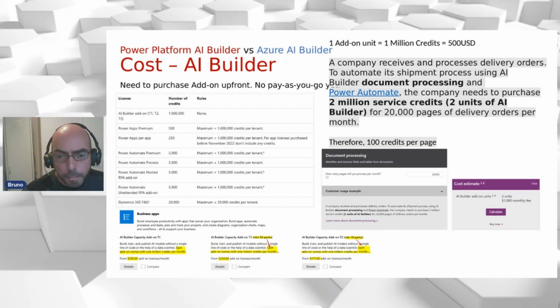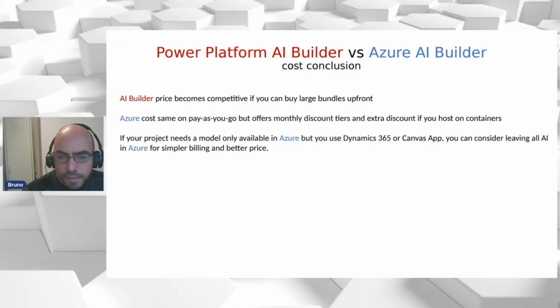So for small projects, maybe still an option, but when you start to get that big. The AI Builder price becomes competitive if you can buy large bundles up front. Azure costs the same on pay-as-you-go, but offers monthly discount tiers and extra discounts if you're hosting containers.